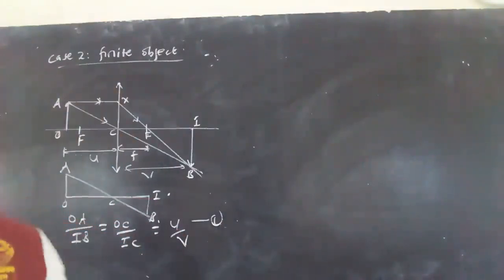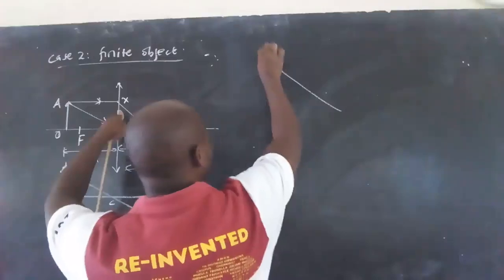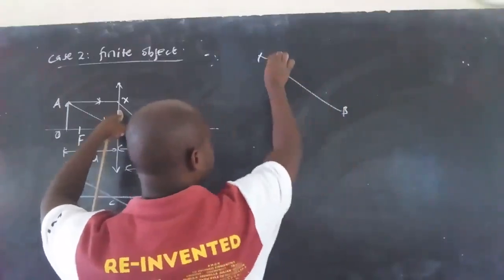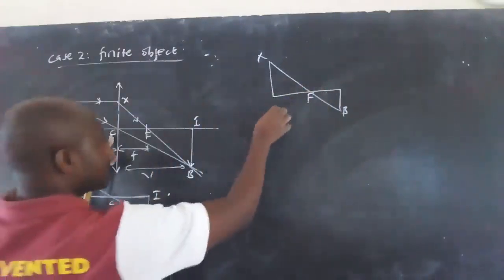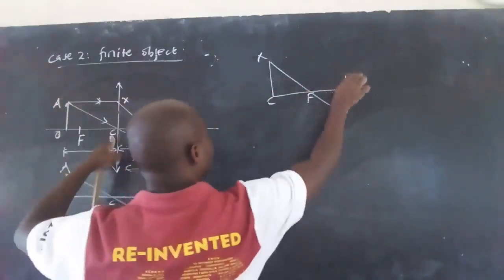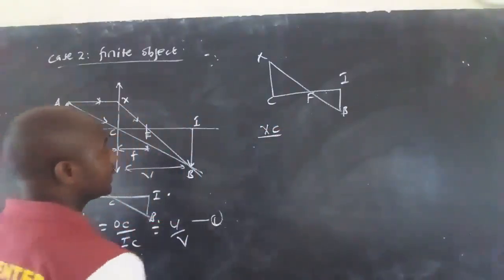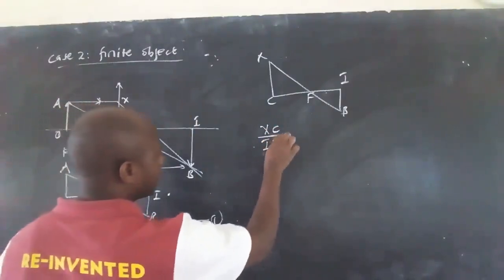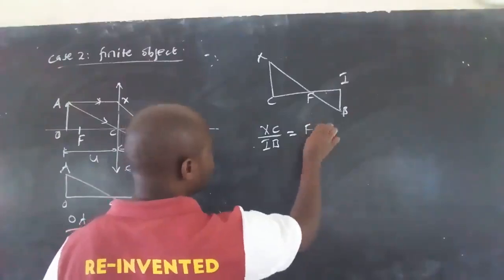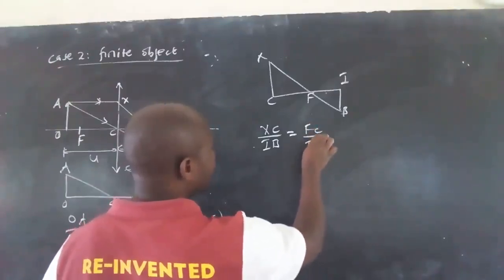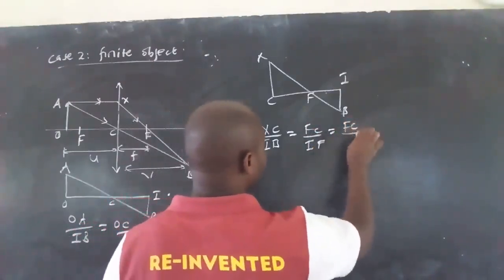The next one says, we go to X. This is X, this is B. Passing through F, this is F, this is C, this is I. So we shall say that X divided by IB should give us FC divided by IF, which will now become FC over IF.